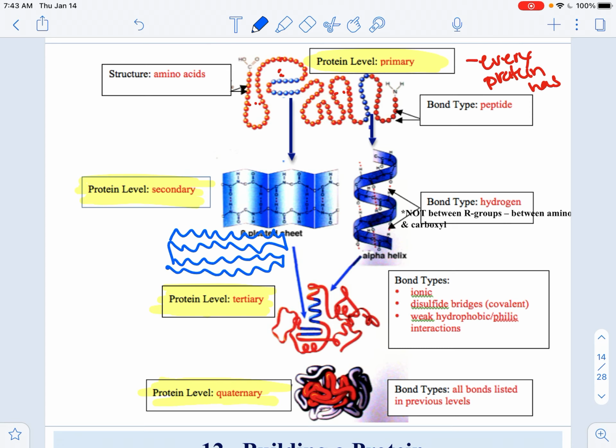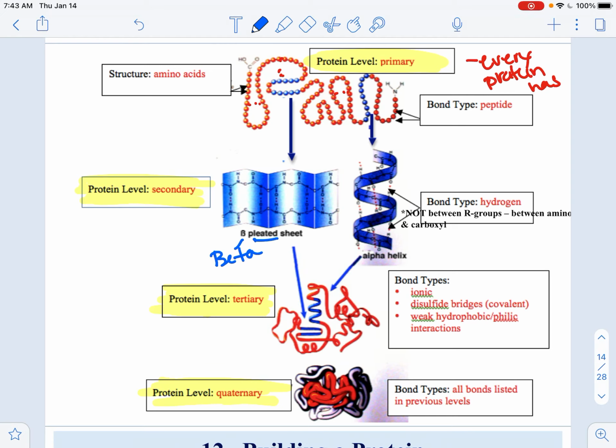If you've ever made a fan with a piece of paper where you fold it back and forth, back and forth, it's kind of like a flat piece of paper. It's like a sheet. That's why it's called a beta pleated sheet. And I kind of drew over that. But sometimes you'll see it listed as a beta sheet or a pleated sheet. And that's the same thing.